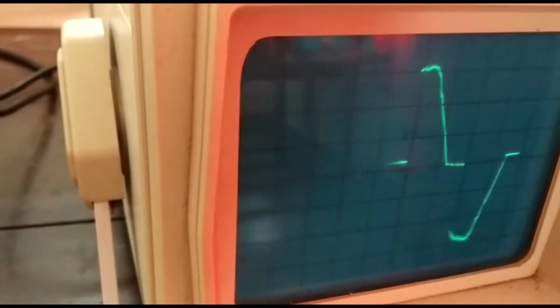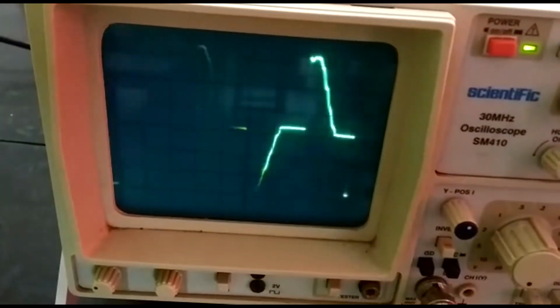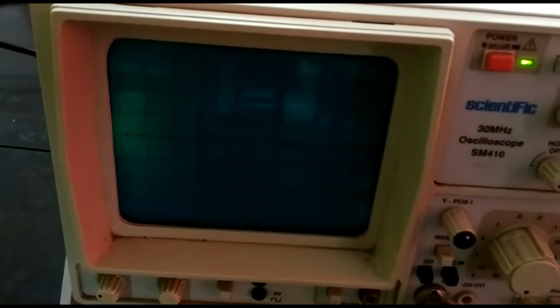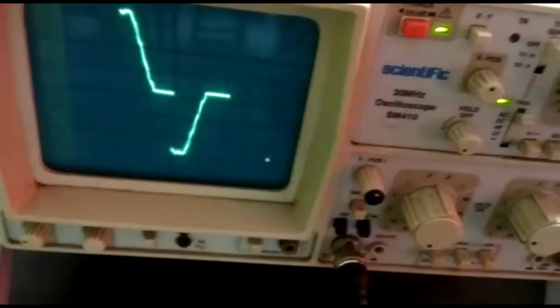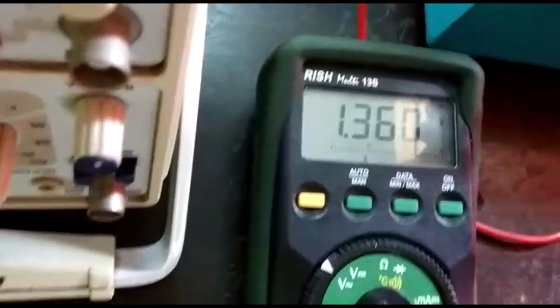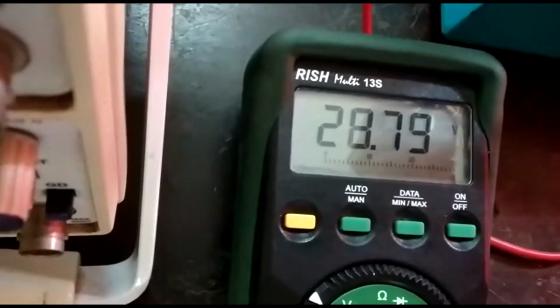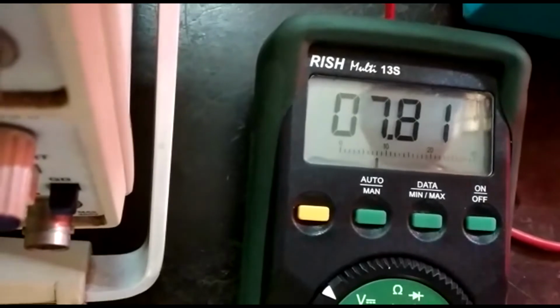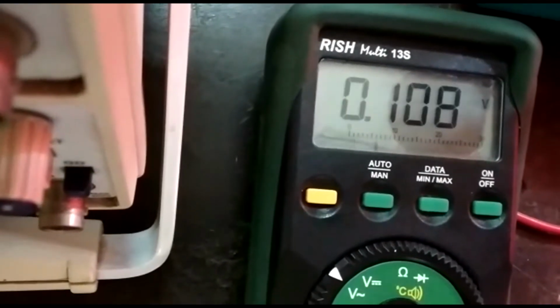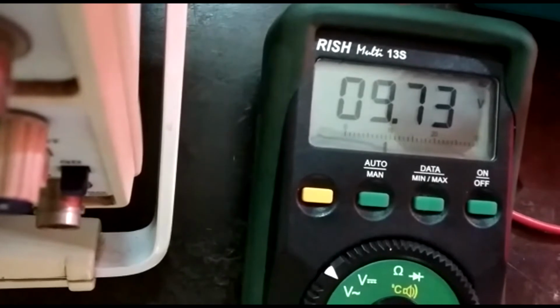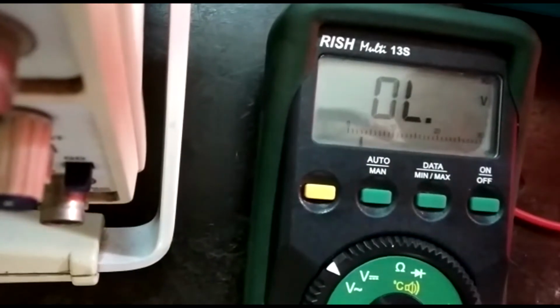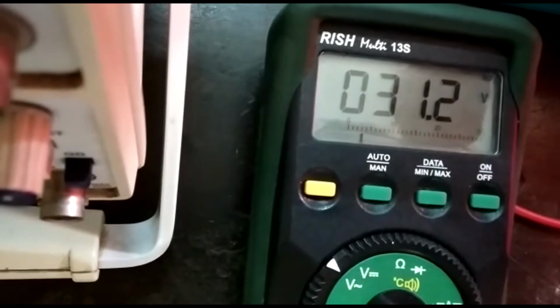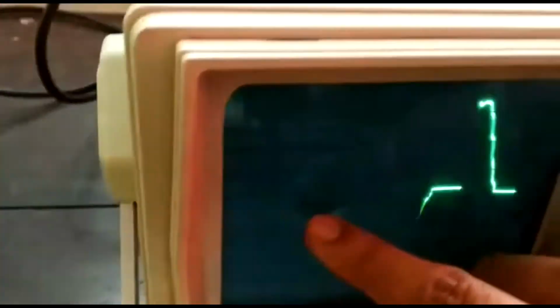Again, we will change the resistor value. We can observe the output voltage, and we will observe what the RMS value is. It is 30.9 volts, and you can observe that the units is 1.